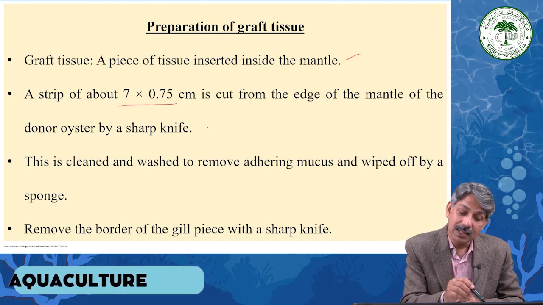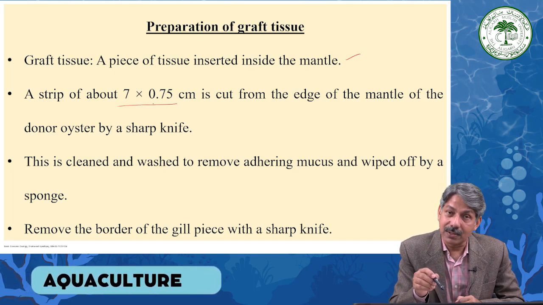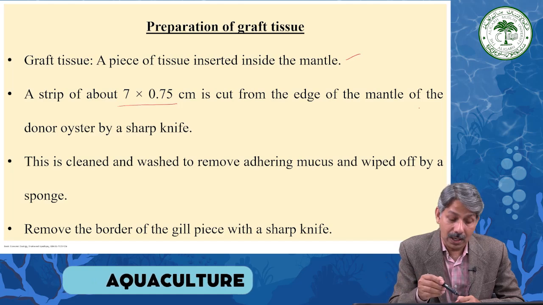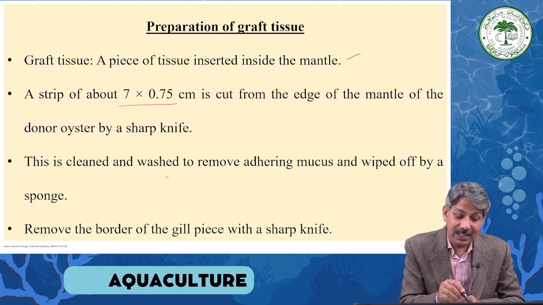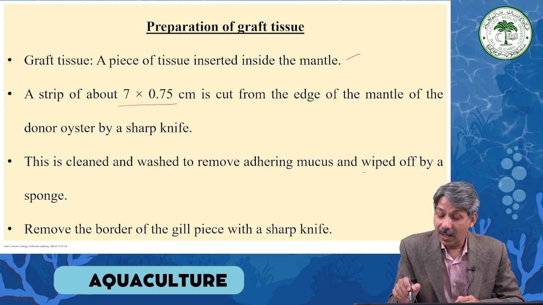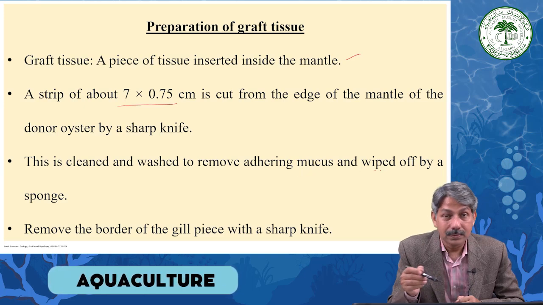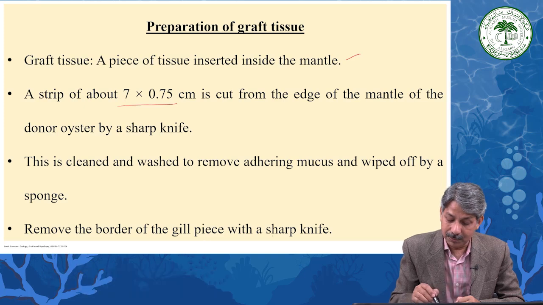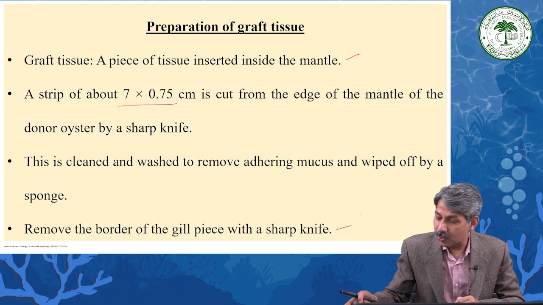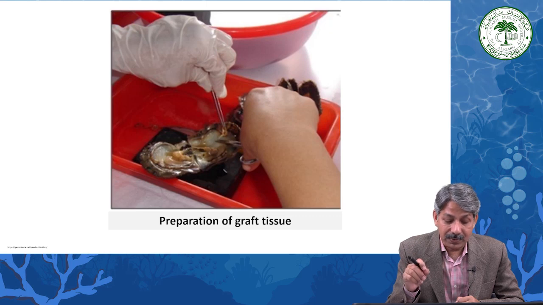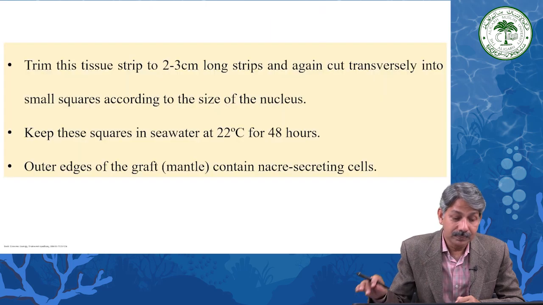This is cleaned and washed to remove the adhering nucleus, and wiped off with a sponge. You can remove the border of the gill piece with a sharp knife, so as to make the desired size that you want. Preparation of the graft tissue, here it is shown.